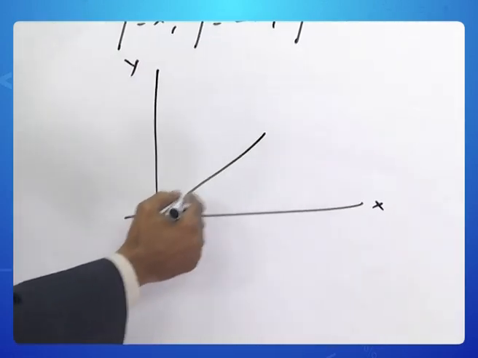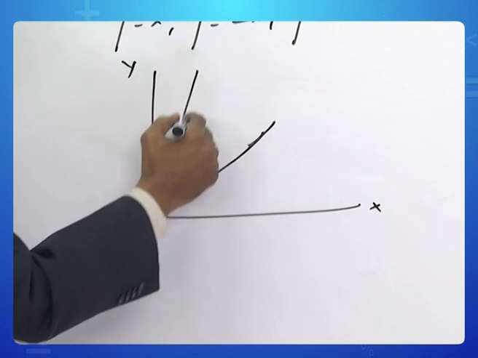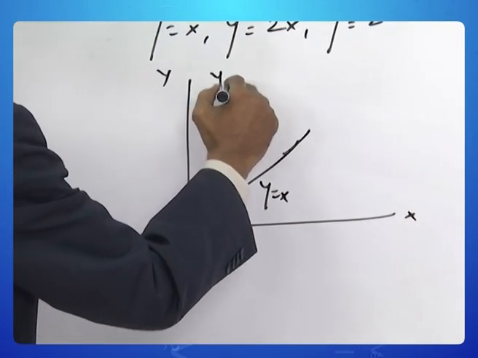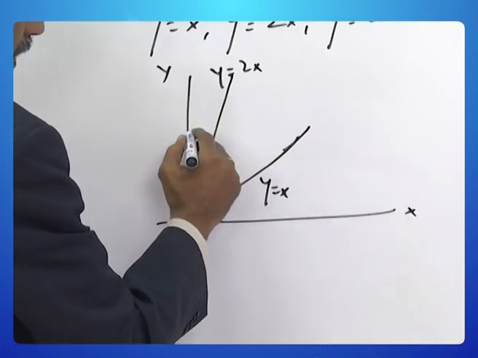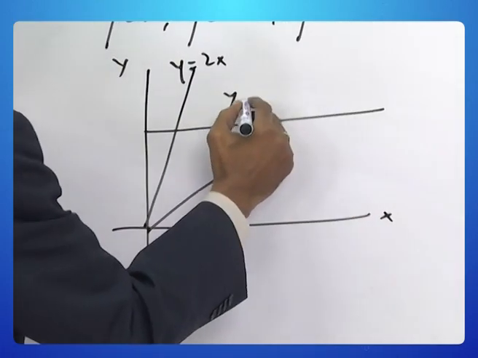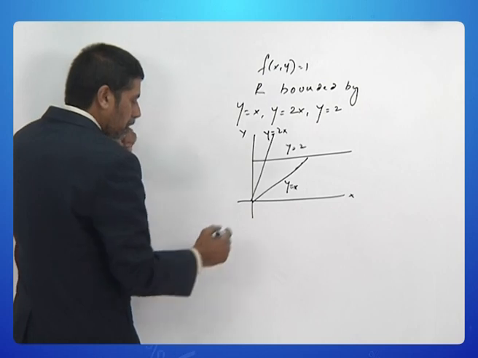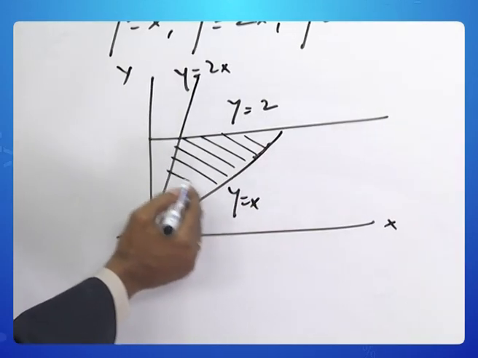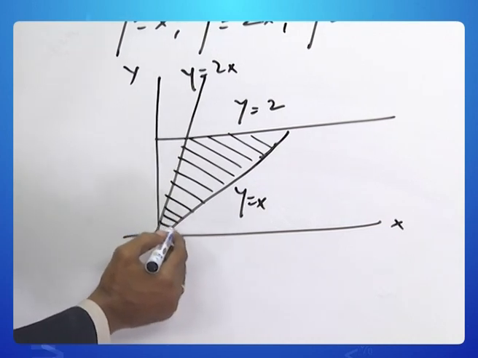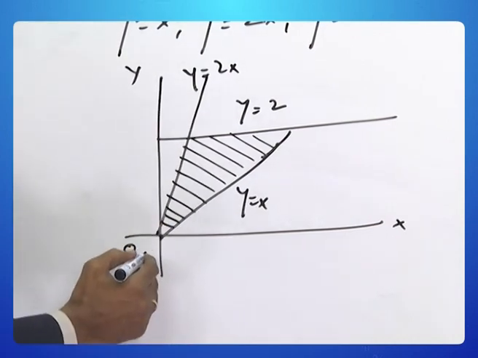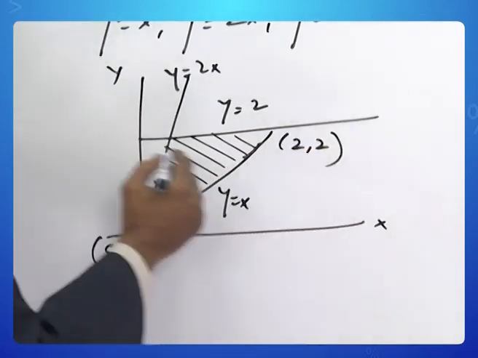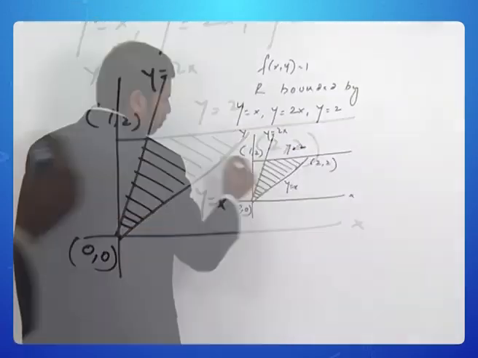So this is y is equal to x, this is y is equal to 2x, and y is equal to 2. So this is the region of integration. The intersection points 0, 0, 2, 2, 1, 2.